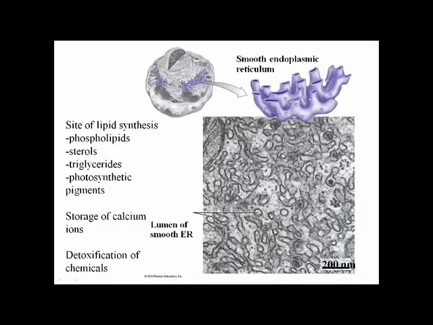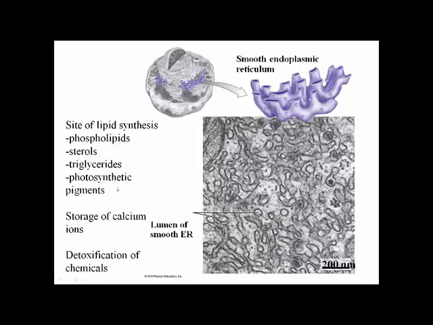Now, an extension of the outer membrane of the nucleus is the endoplasmic reticulum. The smooth ER is multi-purpose. It's the site primarily of lipid synthesis. So any kinds of phospholipids, triglycerides, pigments that are related to photosynthesis, all these things are synthesized in the smooth ER.